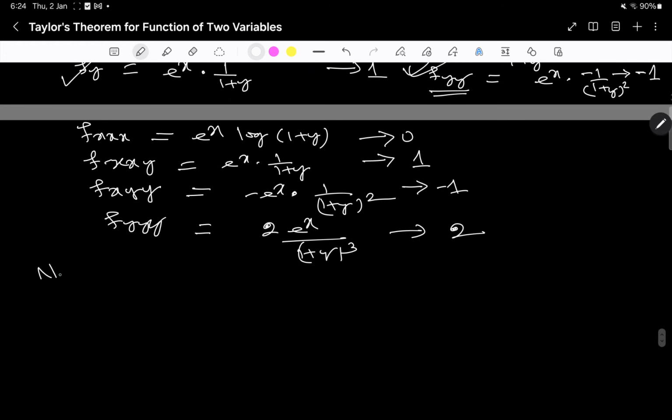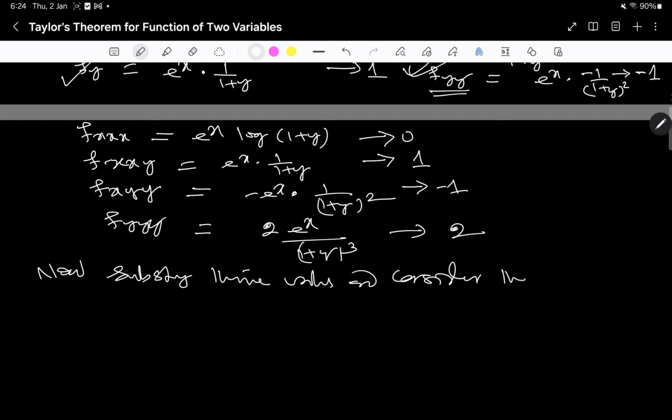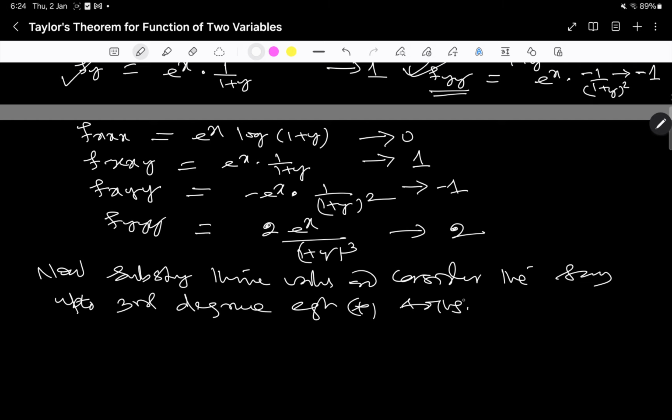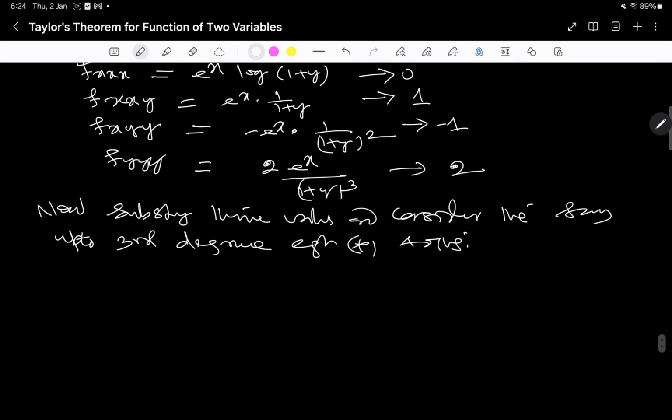Now substituting these values and considering the series up to third degree, equation star follows. You substitute all this here.